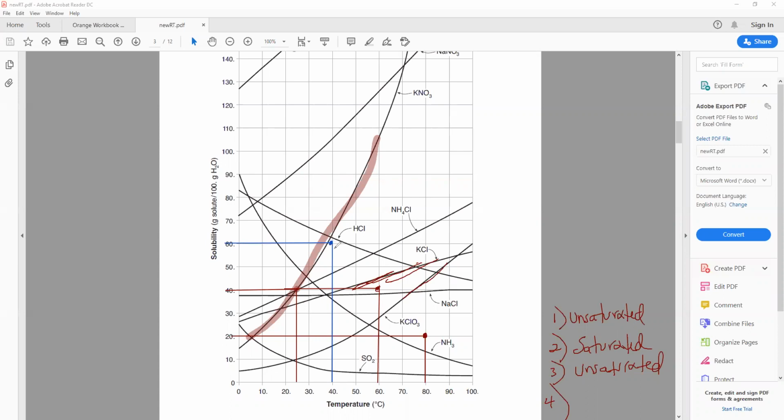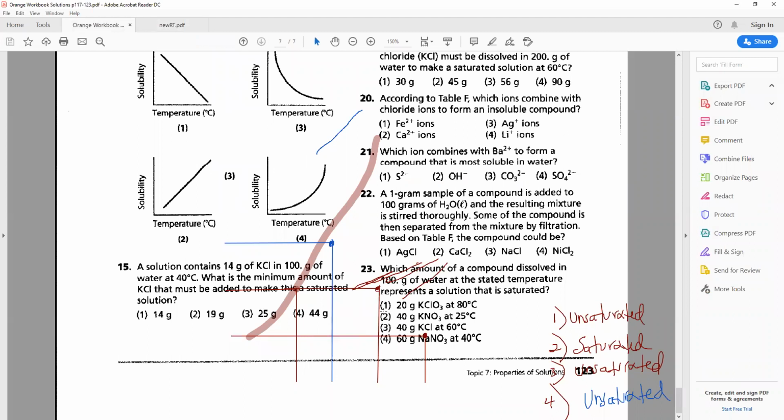And we're talking about NaNO3. Where is NaNO3? NaNO3 is right here. So we look at the graph, it's below, therefore it is unsaturated. And the answer, finally, we can see that it is choice 2, 40 grams at 25 degrees Celsius.